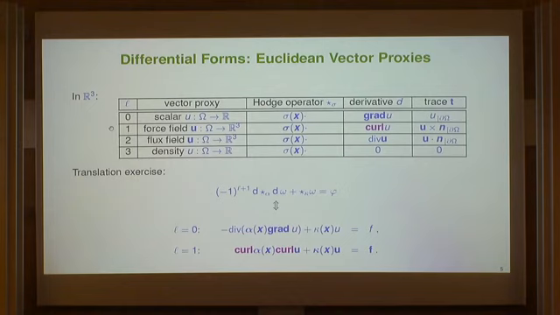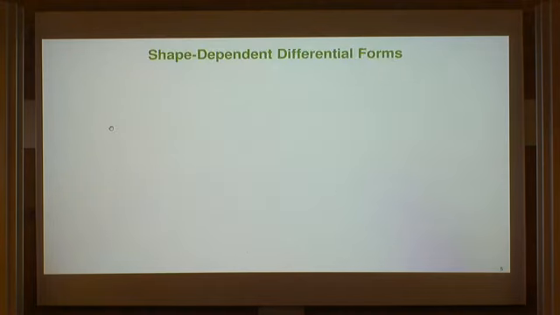And the same for l equal 1. We get, of course, completely different differential operators in vector calculus, because now the orders of the forms are different. So this is the first connection.